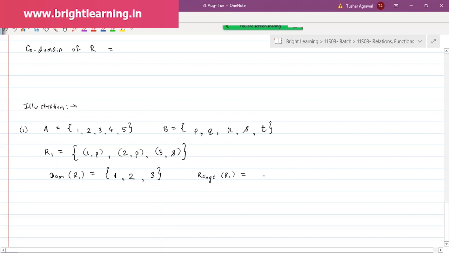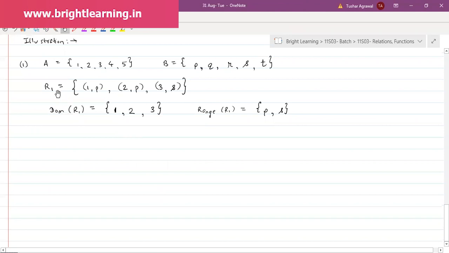P has formed an ordered pair with 1. Q has not formed a pairing. R has not formed any pairing. S has formed its pairing. So P and S. This is the range. Is this easy?